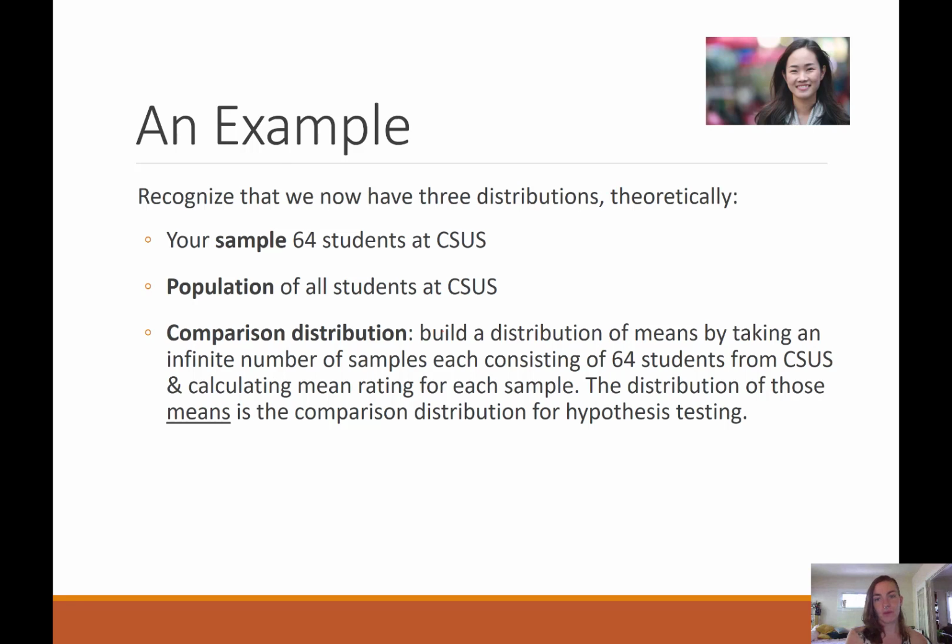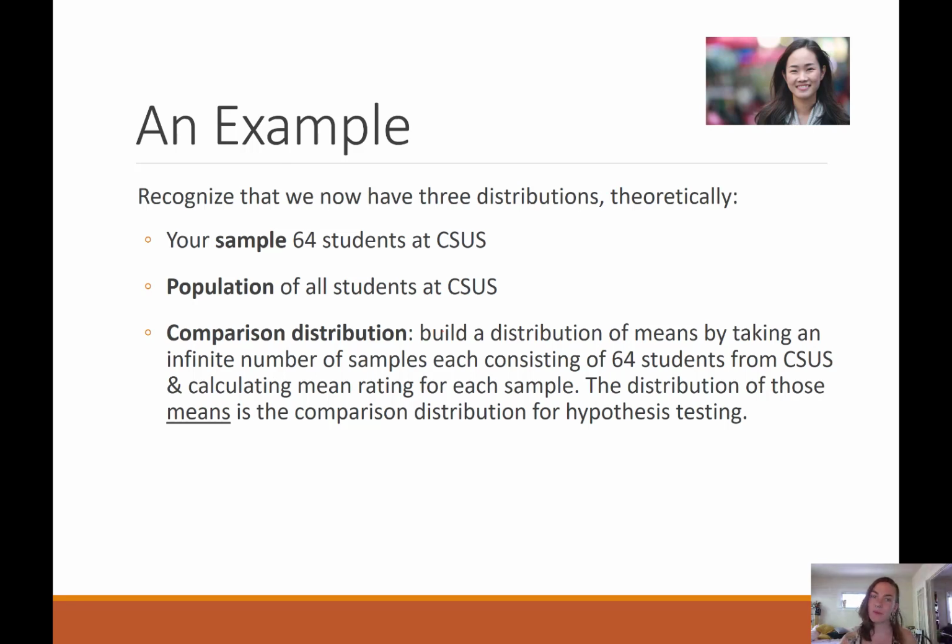So, for example, what I'm doing here is I'm going to my population at Sac State students. I reach into my population and I get 64 students for my sample. I ask those 64 students to rate this photo for attractiveness, and then I calculate a mean for that sample, a mean rating. And I'll tuck that aside over here, I'll save it.